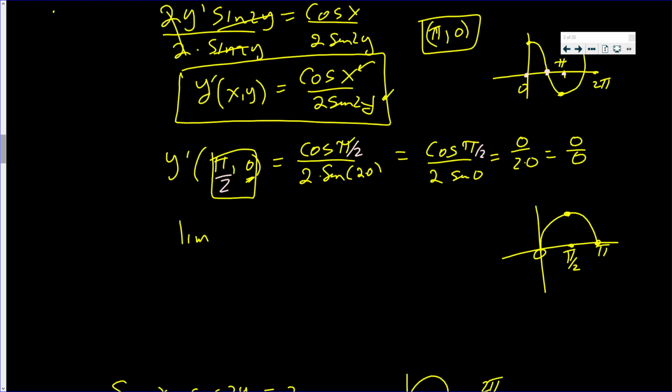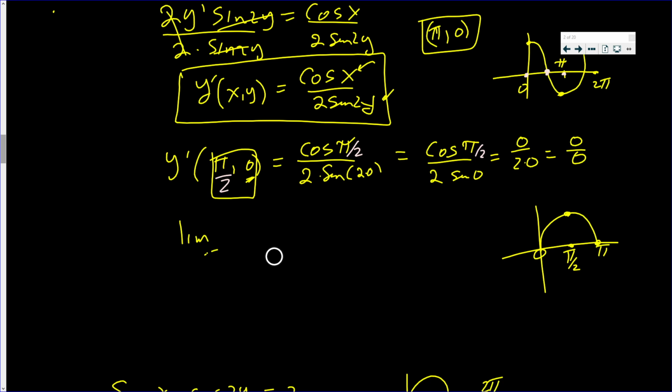What is the limit as x approaches pi over 2 of the cosine of x over 2 times sine of 2y? But we're going to let y be 0. Okay? And the sine of 0 is 0. So that's interesting. How about we try it the other way?